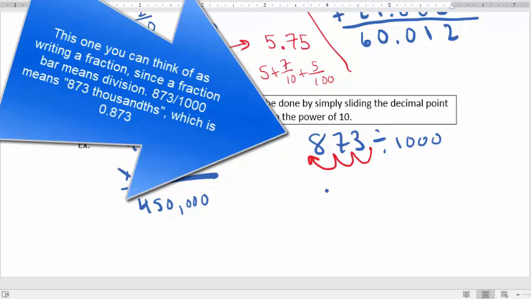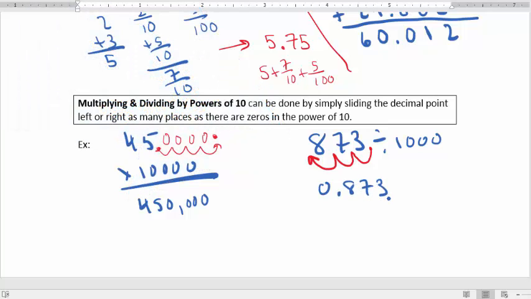And you end up with 0.873. Okay? So you're just moving the decimal point either to the right or to the left by however many zeros are in that power of 10. So that 1,000 had 3 zeros, so I slid 3 to the left. Here, 10,000 had 4 zeros, so I slid 4 to the right.